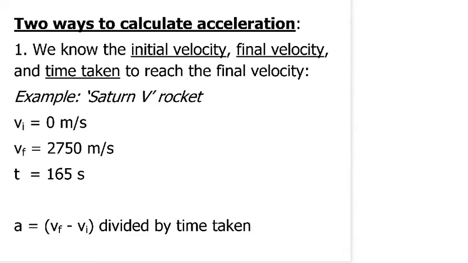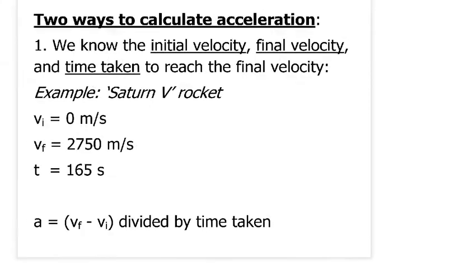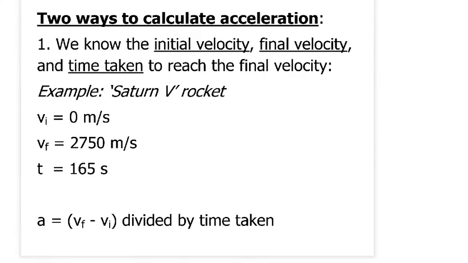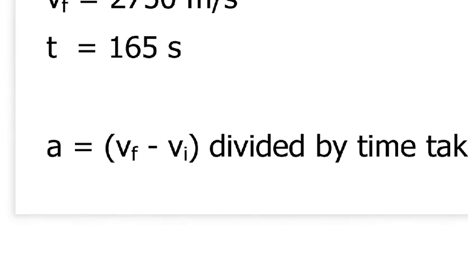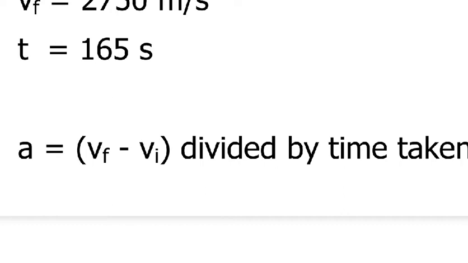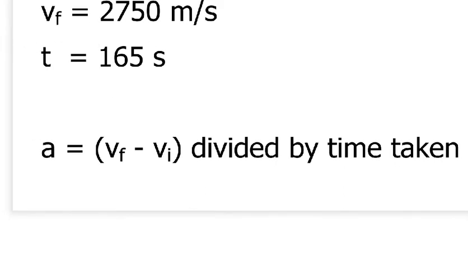All right, now there are, as we just showed, that's the equation, but there are actually two ways to calculate acceleration. The first way is exactly what we just showed on the previous slide, change in velocity over time. Now, what do we mean by that? Well, we can get more specific. We can say Vf minus Vi divided by time taken. So what is Vf? That's final velocity.